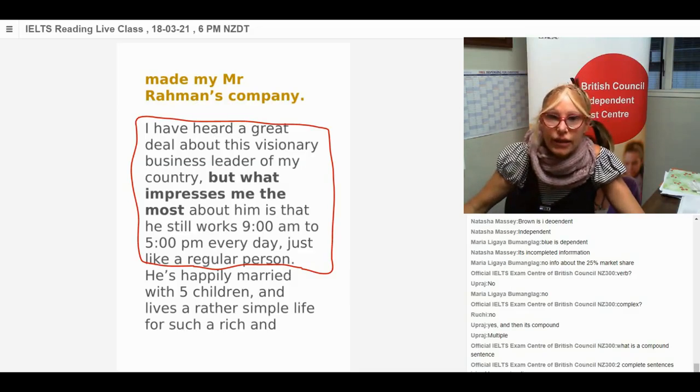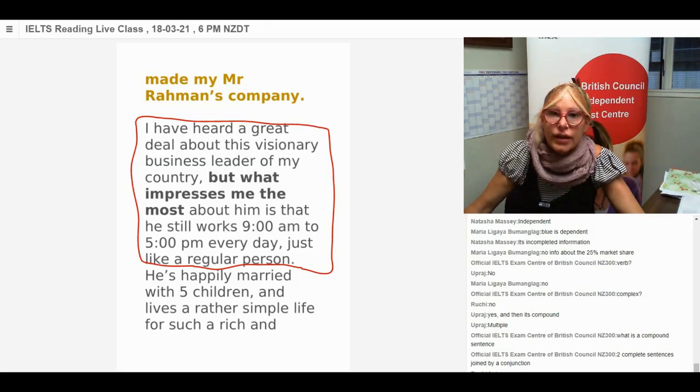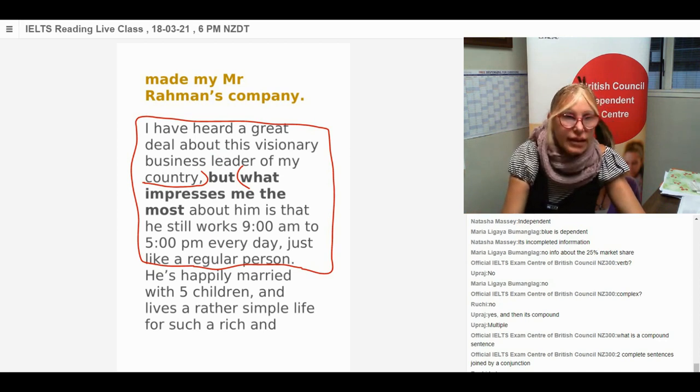Where's the conjunction in this sentence? Yeah. Okay, so but is a conjunction. So this first part of the sentence ending at country is a complete thought, a complete idea. And then starting here from what impresses me the most about him is also a complete sentence. So what we have is two complete sentences joined together by a conjunction, and this is called a compound sentence.